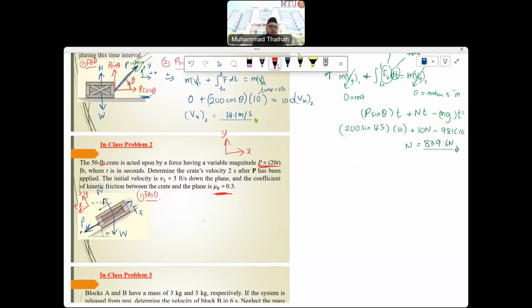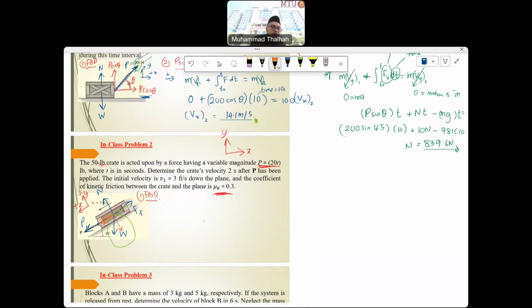So everything else is behaving well except for W. Frictional force is going in the X direction, although opposite, that's okay. P is going in the right direction, and N is going in positive Y. The only thing you need to resolve is the weight.